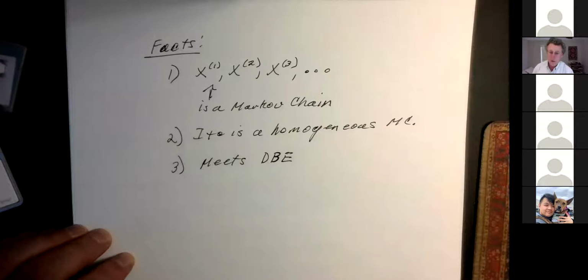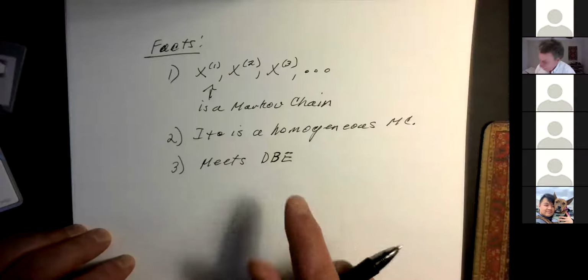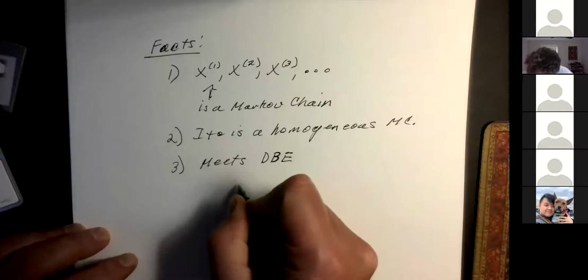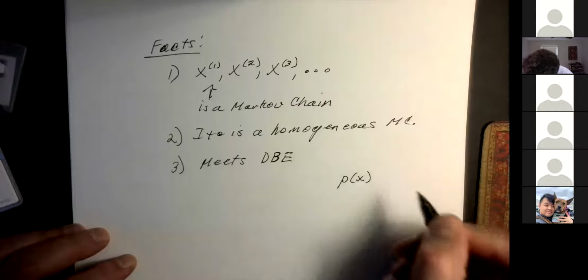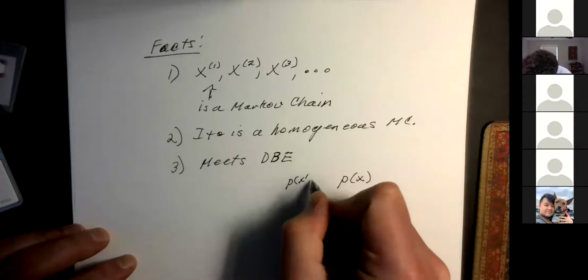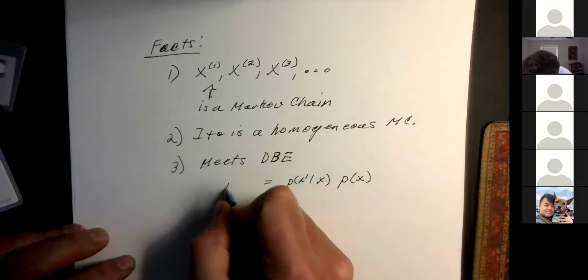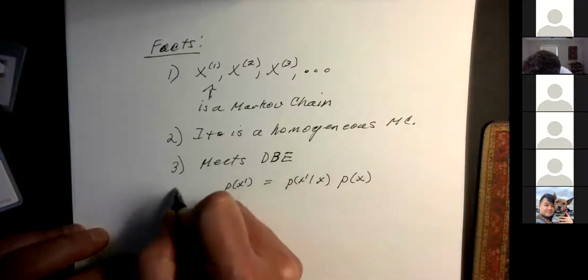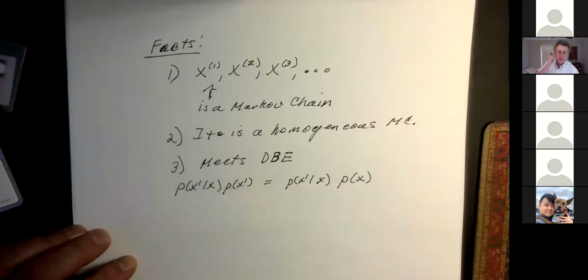The detailed balance equations mean that for some distribution, and the distribution is going to be P of X, it means that P of X times the probability of X prime given X is equal to P of X prime times the probability of X given X prime. That's the detailed balance equations.